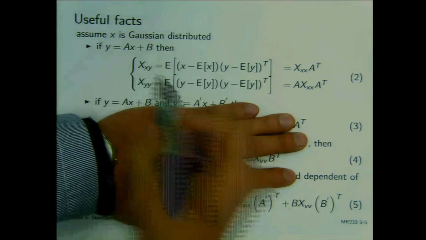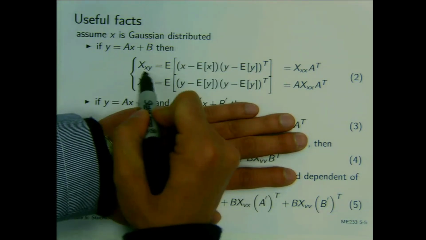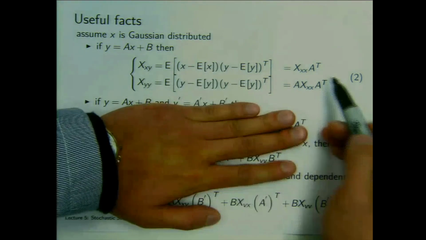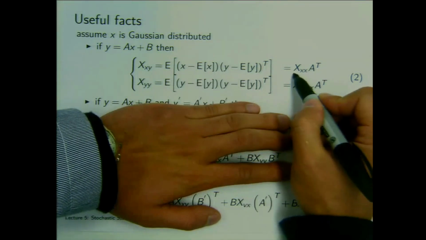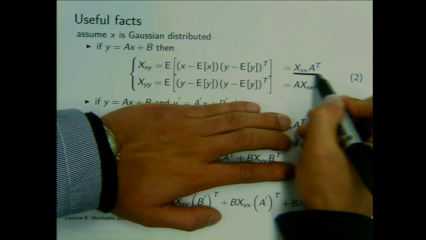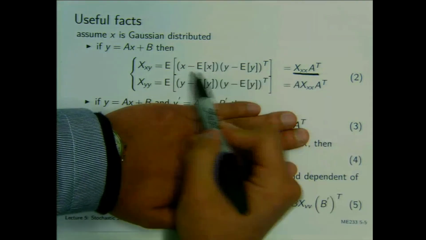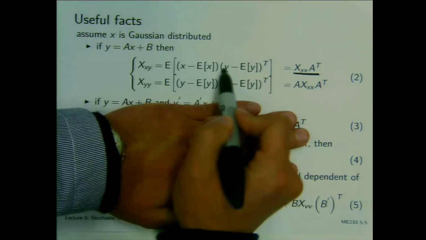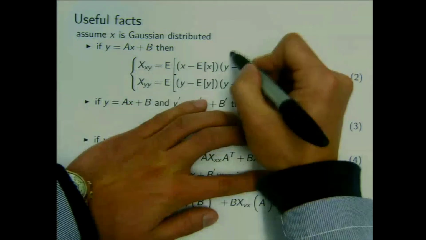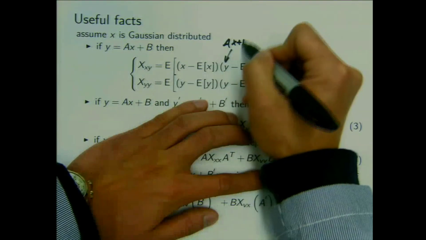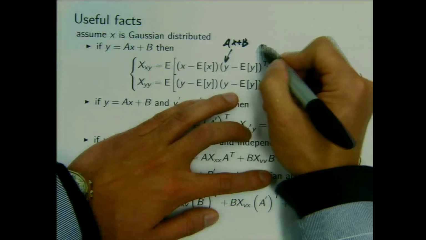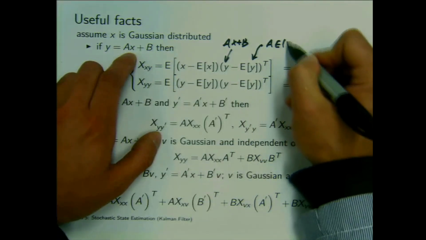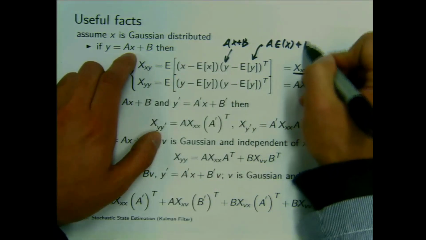If we evaluate the cross covariance between x and y, which is defined by this, it's going to be the covariance matrix of x times A transpose. The reason is that if you put y equals Ax plus b here, then the expected value of y equals A times the expected value of x plus b, because b is a constant.